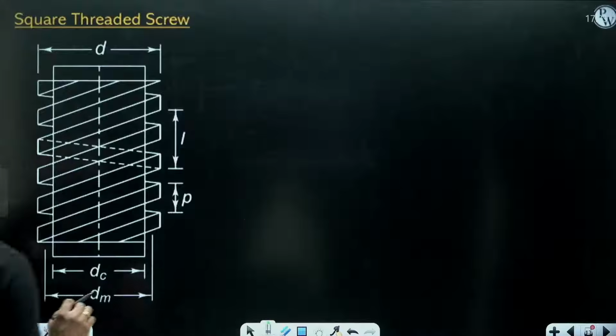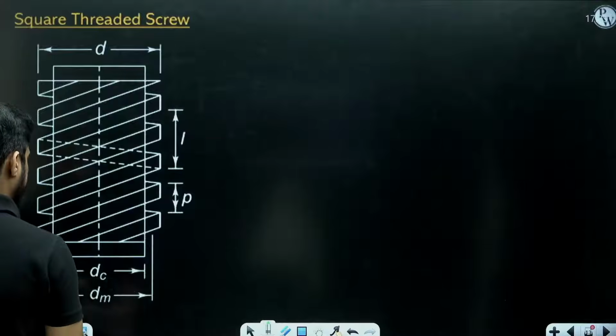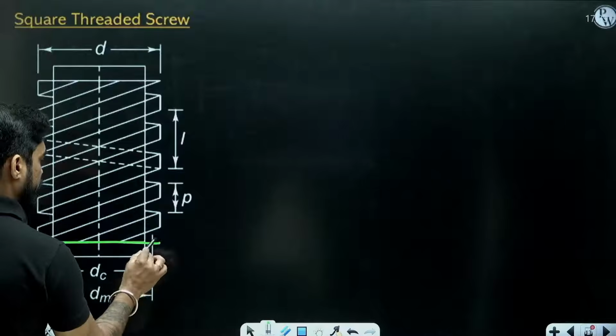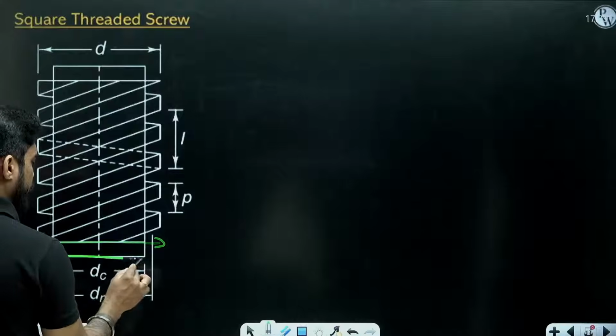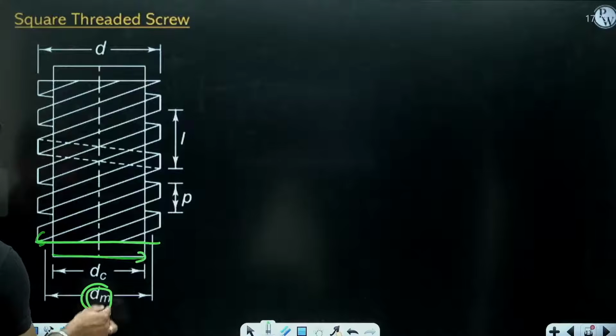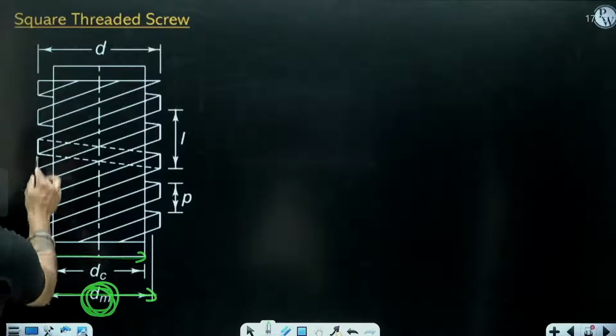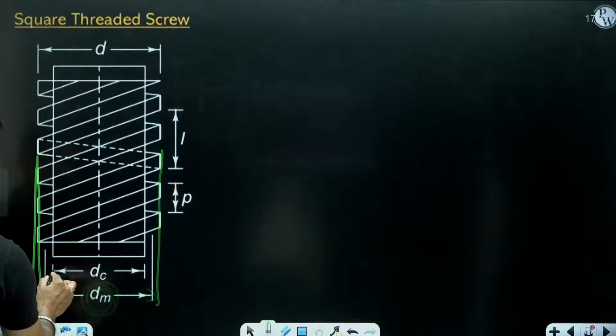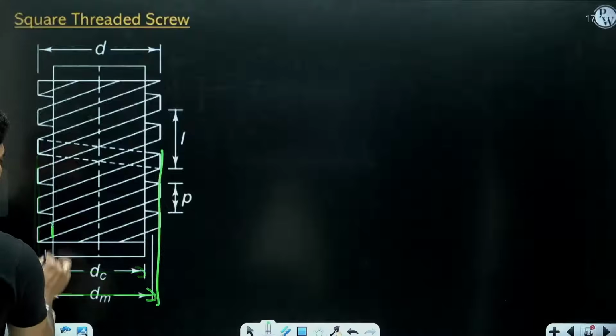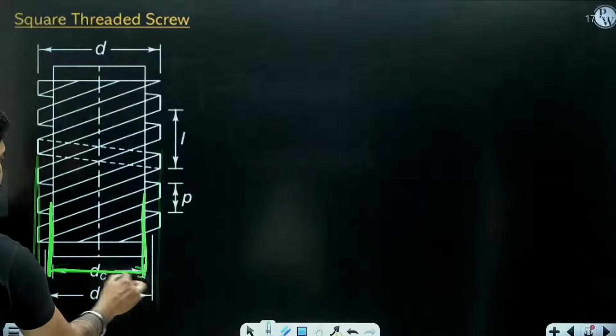This square thread has a maximum diameter and a minimum diameter. See, this DM is known as the major diameter, which is the maximum diameter, and DC is known as the minimum diameter, which is the core diameter.